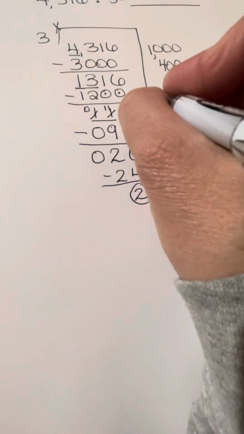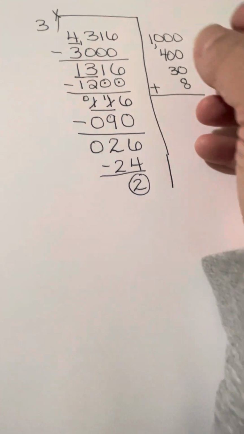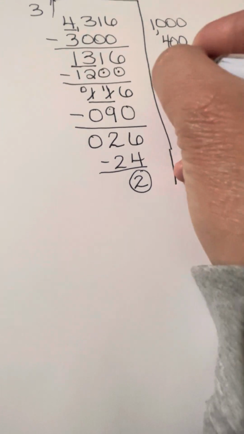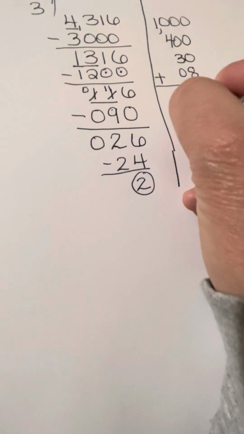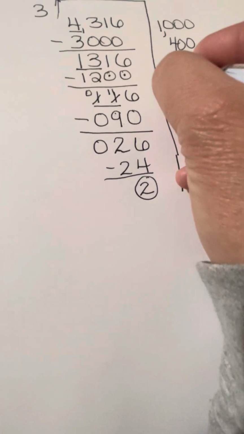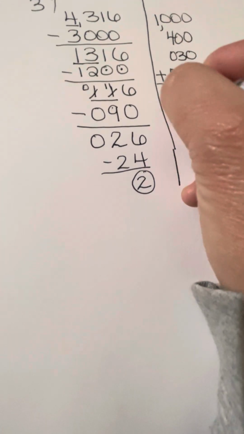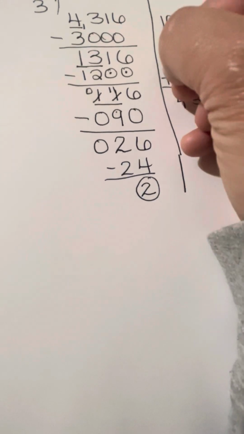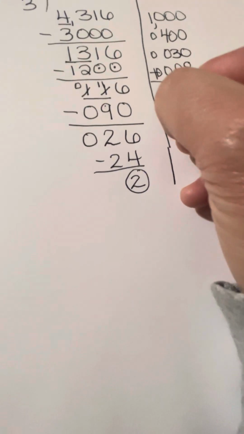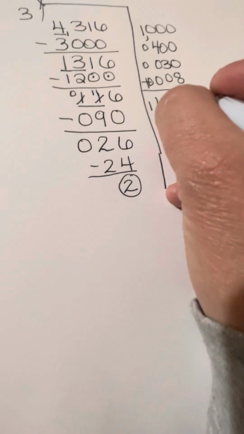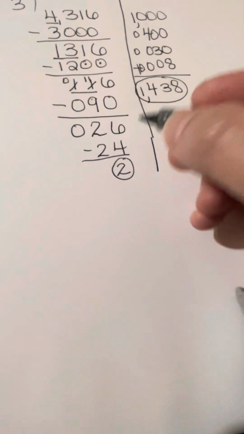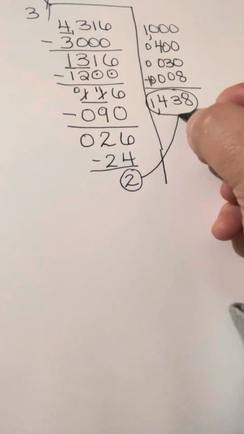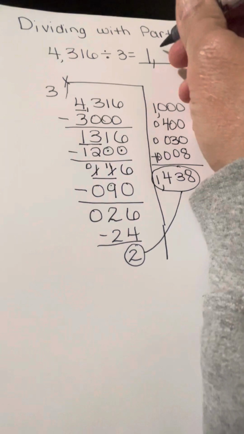So then we add all of our partial quotients here, including those placeholder zeros to try to keep everything in line. Okay, so we have 1,438 with the remainder of 2 for our quotient.